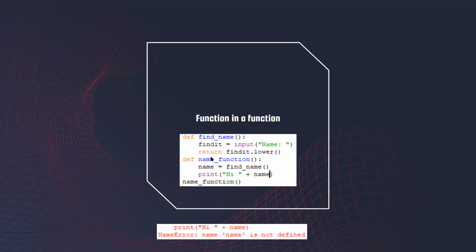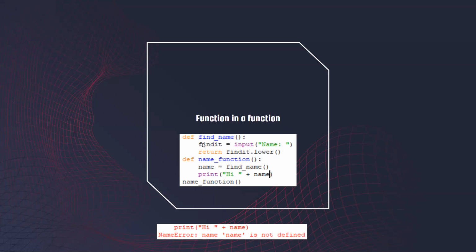Return is another thing in functions that you can use. Basically, if you set it as a variable, like over here, name equals find name, then we'll just return this, and then it'll just print hi plus name. The thing is that you can't just have a variable over here, find it.